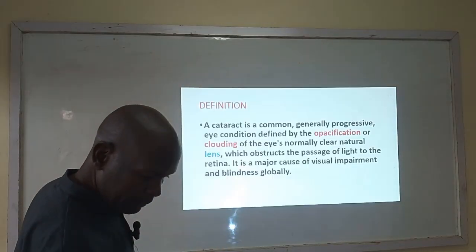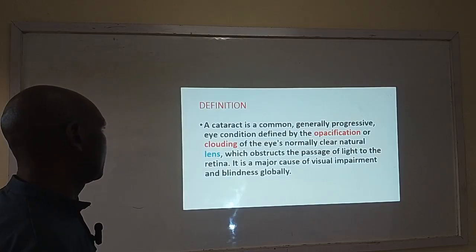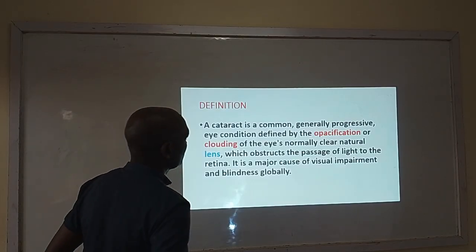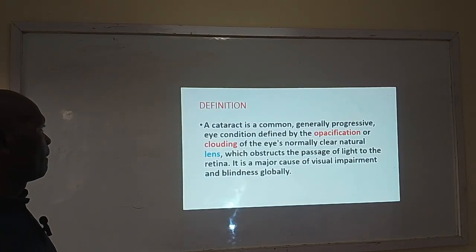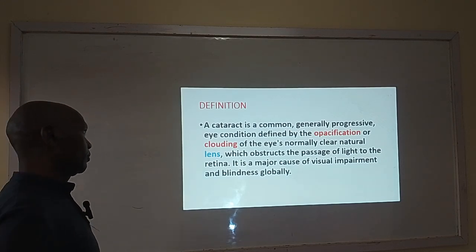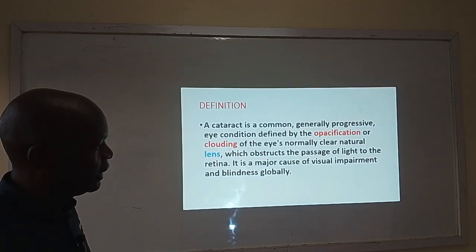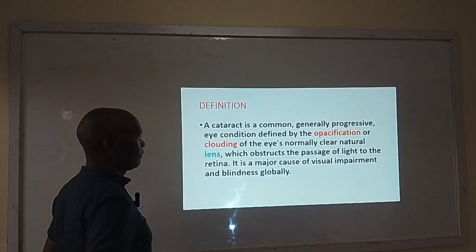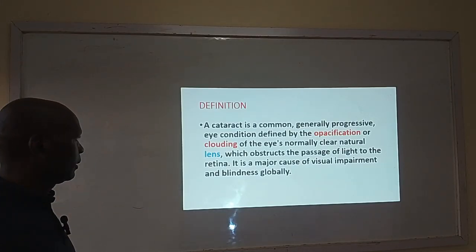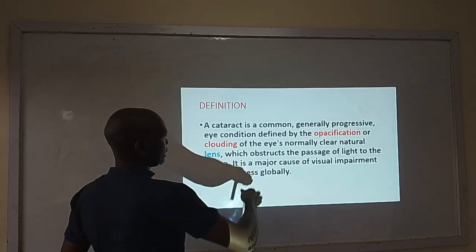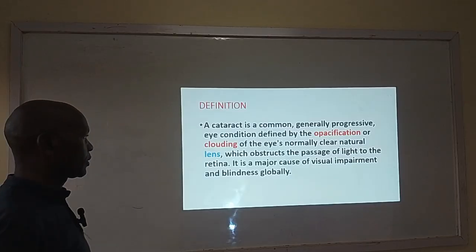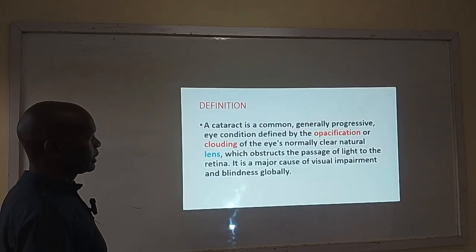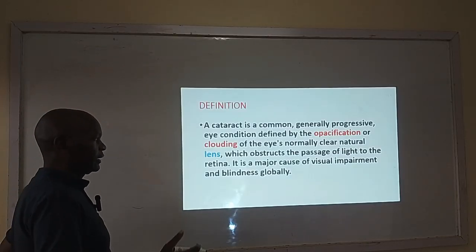Okay, so what is cataracts? Cataract is a common, generally progressive eye condition, and it is usually defined by the opacification or clouding of the eye's normally clear natural lens, which obstructs the passage of light to the retina.